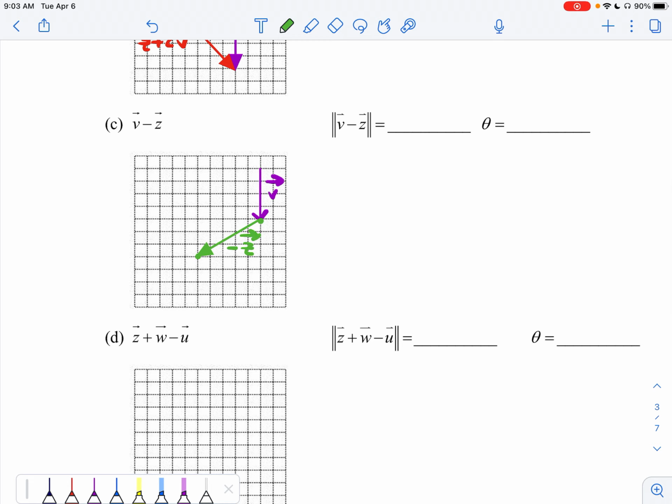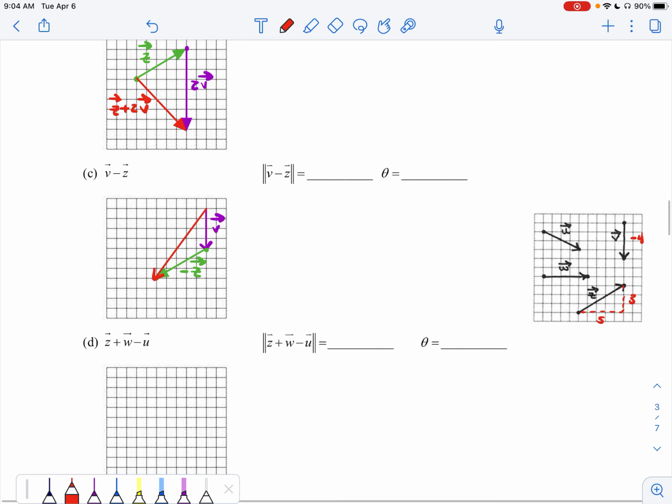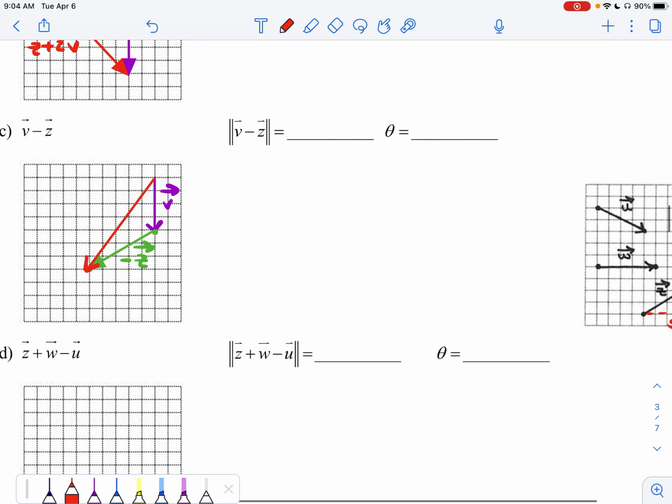Okay, so it still has the same magnitude as the original z, but the opposite direction. Okay, so then our resultant vector again goes from the tail of v to the tip of z. Okay, all right. Go ahead and find magnitude and direction angle on this one with you guys again.